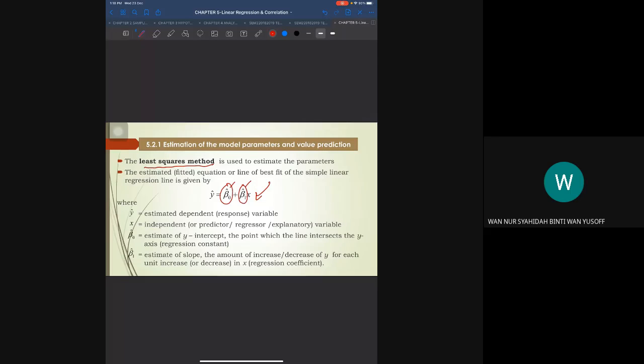If beta node cap equals 0, it means your regression line passes through the origin. Slope means the amount of increase or decrease of y for each unit increase of x. This is how we interpret beta 1. The interpretation we will discuss in the exercise later.